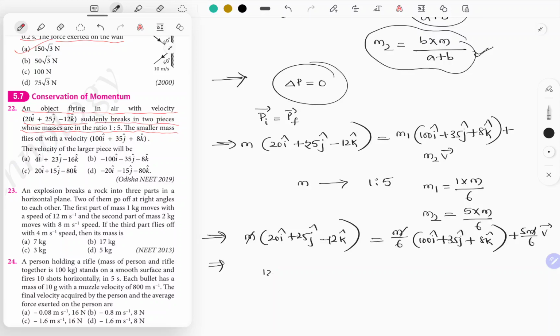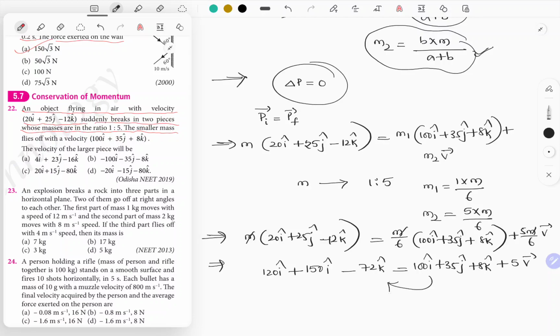So it is going to be 120 i cap plus 25 times 6, which is 150 j cap, minus 12 times 6, which is 72 k cap, which is equal to 100 i cap plus 35 j cap plus 8 k cap plus 5 v bar.